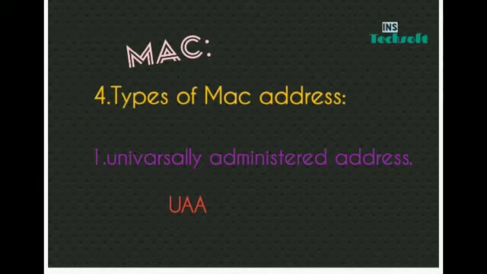It is the most used type of MAC address and it is given to the network adapter at the time of manufacturing. The first 3 octets of a universally administered address identify the organization, the manufacturer that issued the identifier. The remaining octets of the MAC address are assigned by the manufacturer.